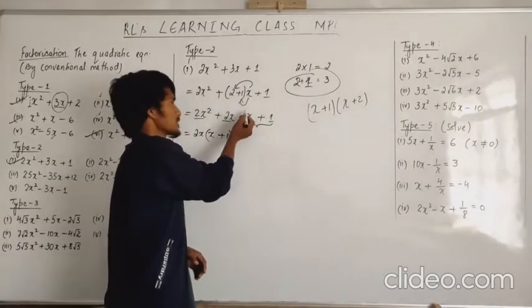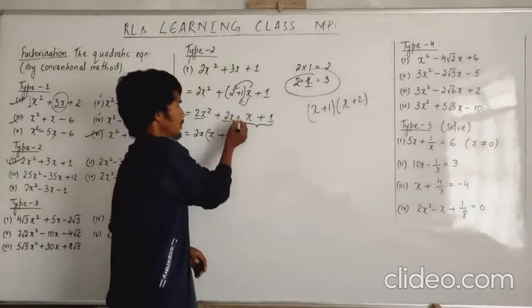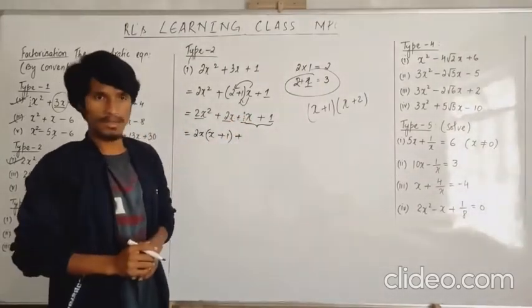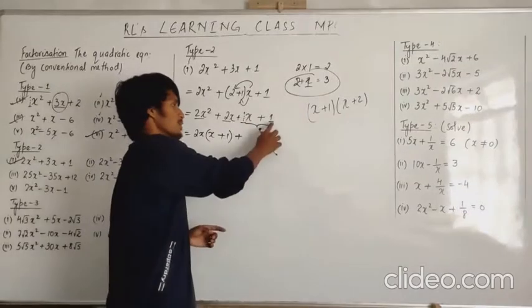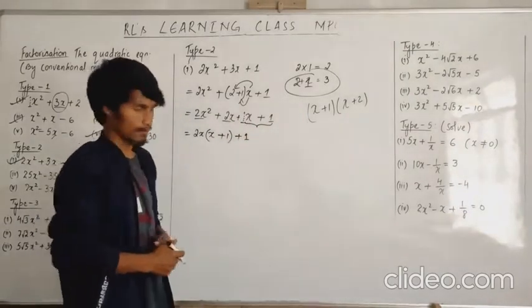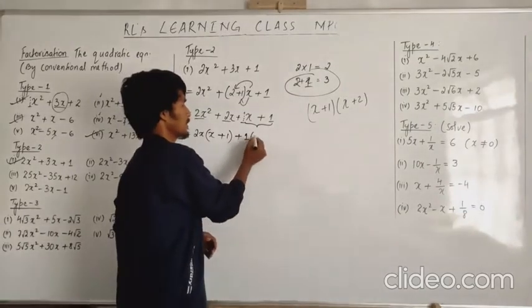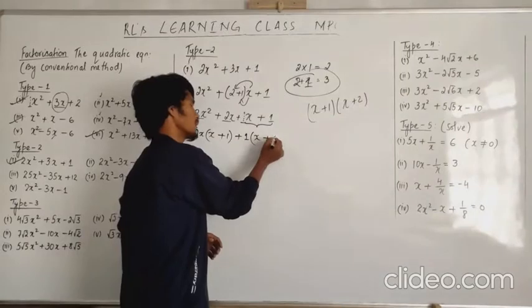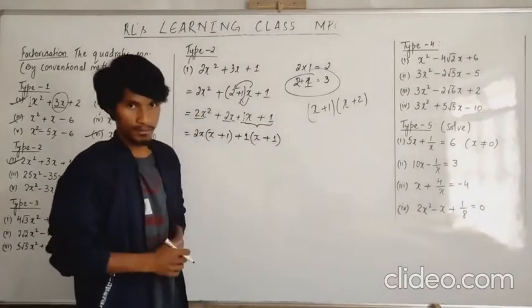Yes, 1 is there, because 1 is always invisible. Then which one is common here? 1 is here, 1 is here. Then I put 1 as common. I can write 1 into x, 1x. Then 1 into 1 equals 1.